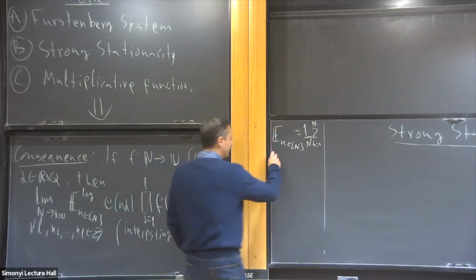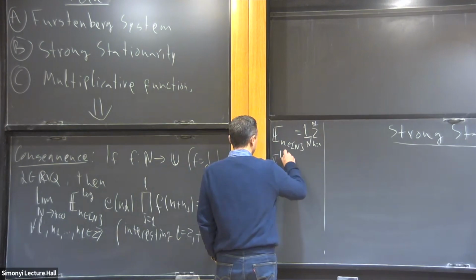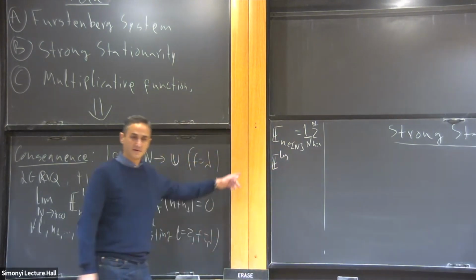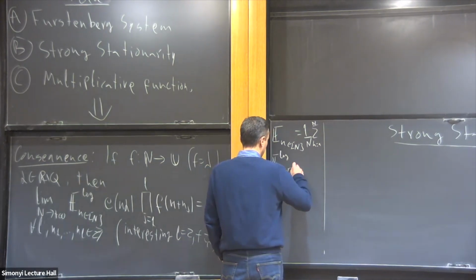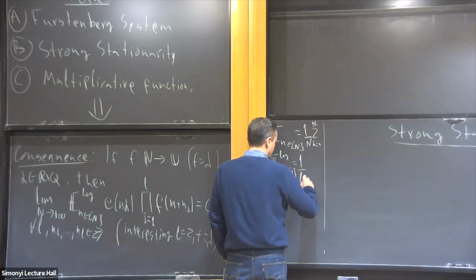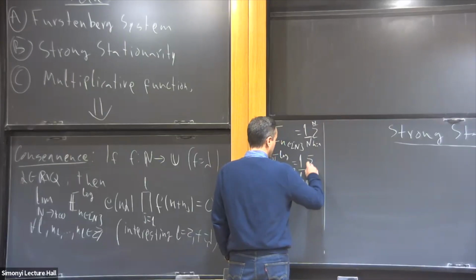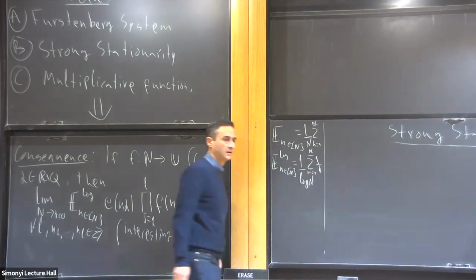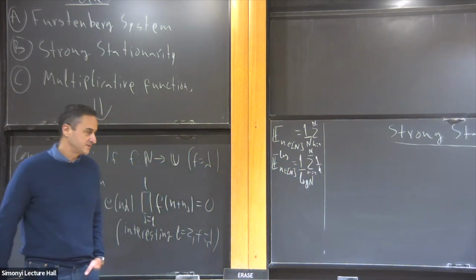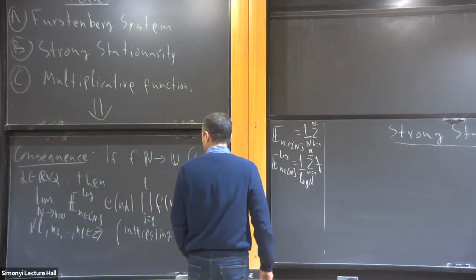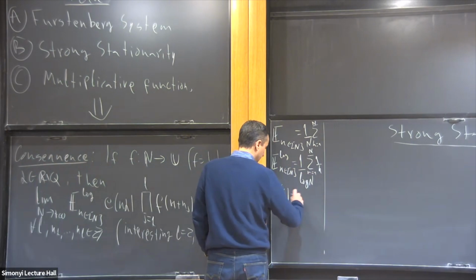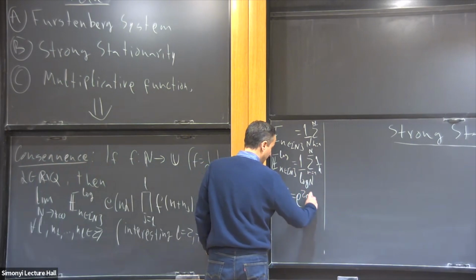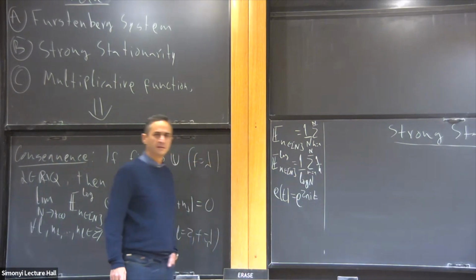When I write this, which will feature only when we deal with multiplicative functions, the second average, I really mean this average. This is a weighted average. And when I write e(t), we mean e to the 2 pi i t.